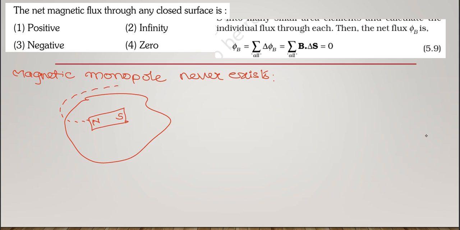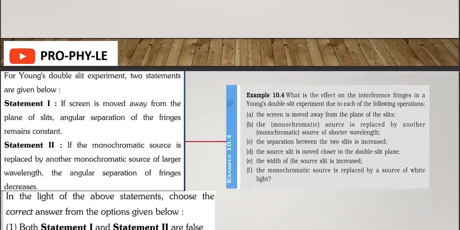Magnetic field lines originating from the north pole definitely terminate at the south pole. So we can say the number of field lines leaving the surface must be equal to the number of field lines entering the surface, and hence the net flux through the surface is 0. This is not true in the case of electric flux, because charges are not always dipoles.